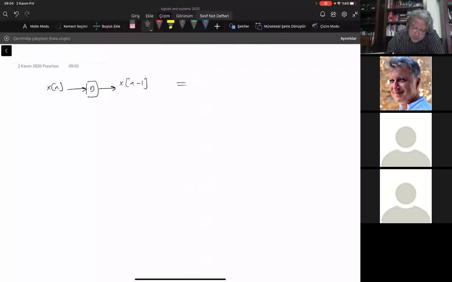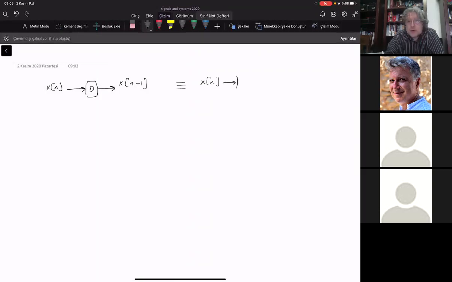In the future, when we see the so-called Z transform, which is related to the spectral characteristics, the frequency characteristics of a discrete time signal or a discrete time system, we are going to use a notation like this.